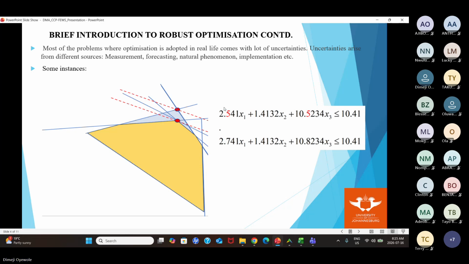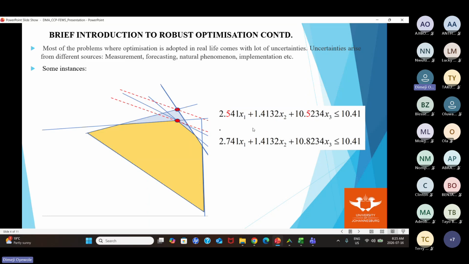Now, the boundary for this equation is this place. Please follow my cursor so that you can understand what I'm saying. It is from this red down, this way to this. That is what this solution represents.